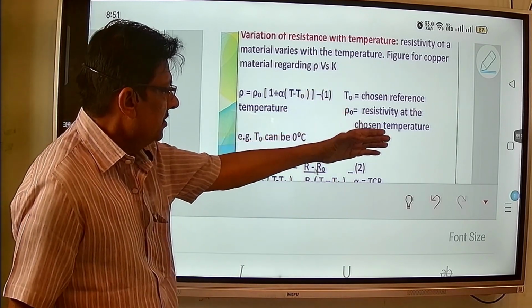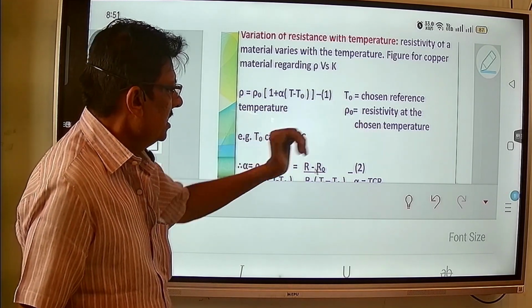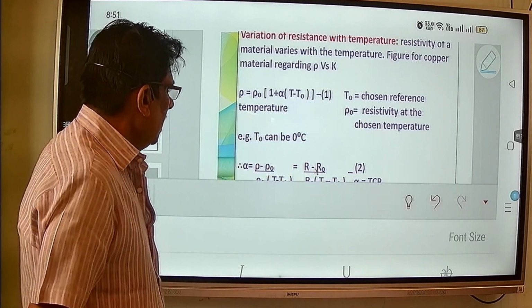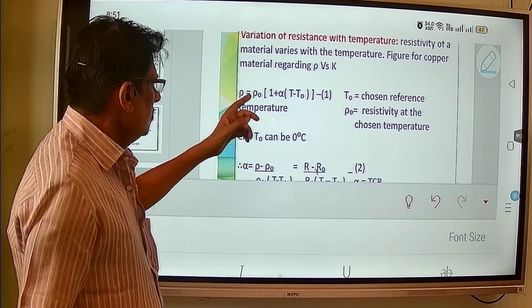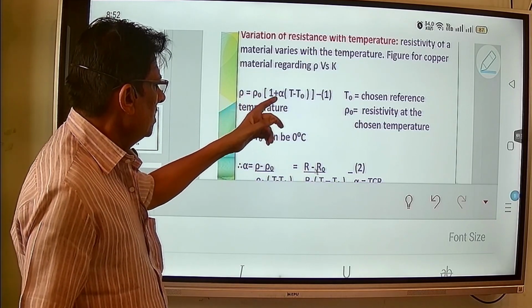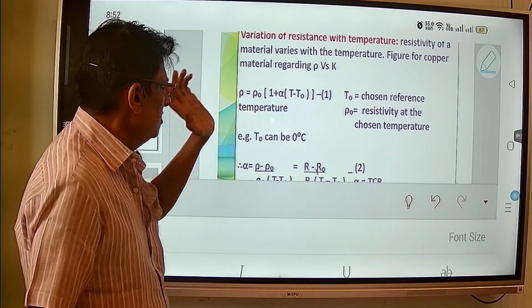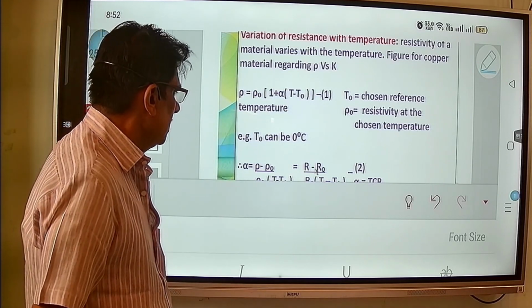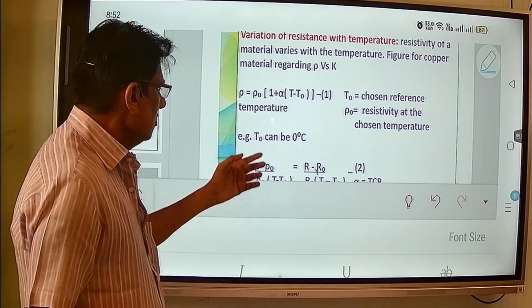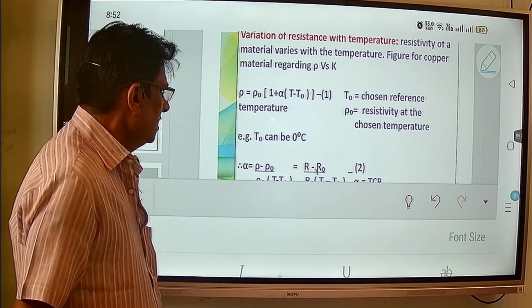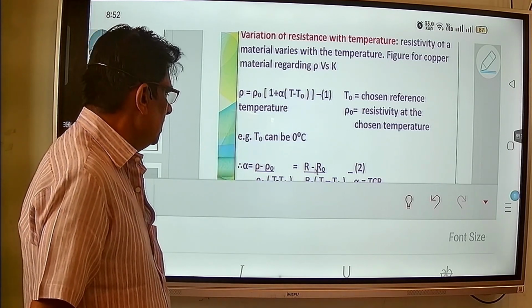Correspondingly, the resistivity at the chosen temperature is taken as rho 0, and hence rho is equal to rho 0 into 1 plus alpha into (T minus T0). Here it has already been mentioned that T0 can be 0 degrees Celsius.